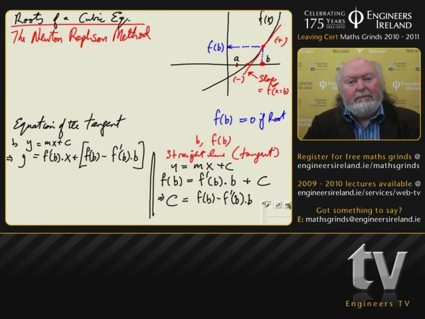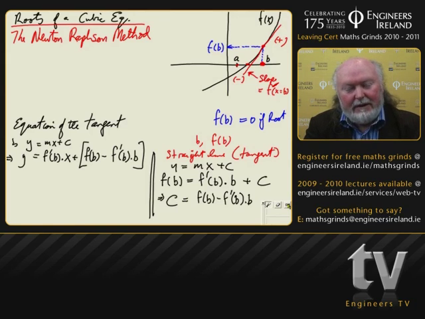Okay, all we've played around with now is the geometry of the line. How does that help us? Now, I know this is a section that's covered in all schools, but what I'm trying to do is give you an alternative way of looking at this, because a lot of people actually have great difficulty with the Newton-Raphson method. All I'm showing you is that if you go back to stuff that you would have been doing in second year in secondary school, you will find that you have all the tools there.